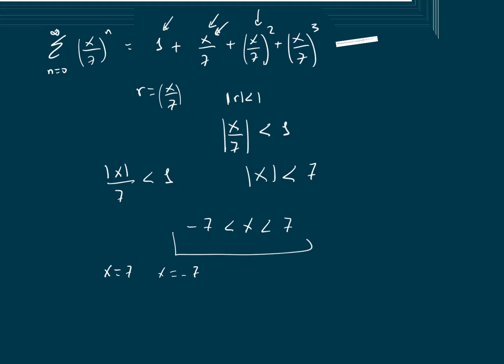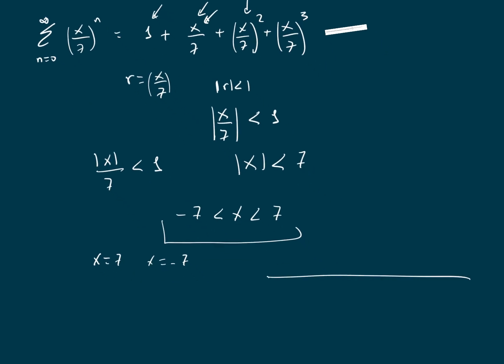So we may do a picture here, a graph. This is 0, this is 7, this is minus 7. So the series converges in the interval from minus 7 to 7 and diverges outside the interval.